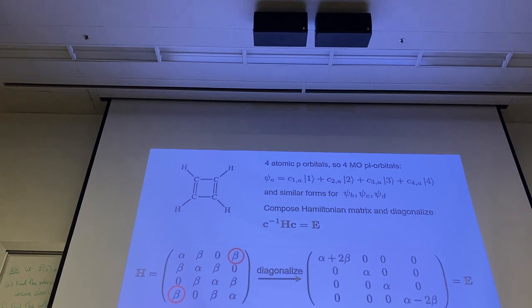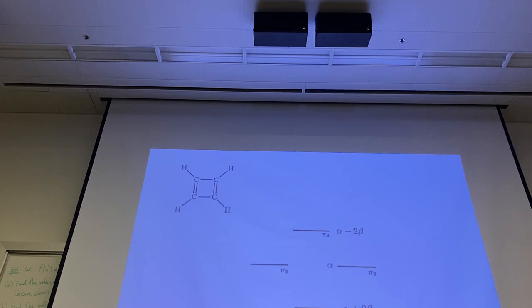So let's do that. Here it is. Okay, so let's look at first those 2 middle guys. They have the value alpha. Alpha is the value of the atomic orbital, at least when the atoms are far away.